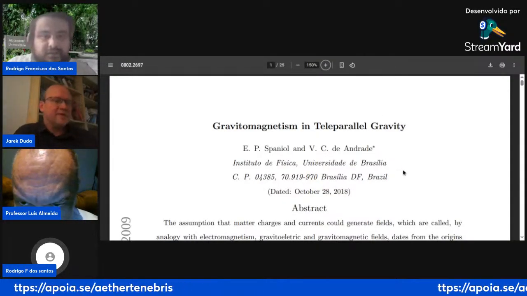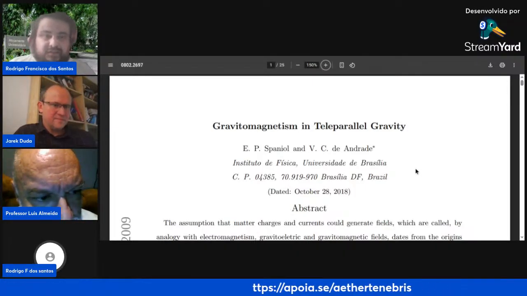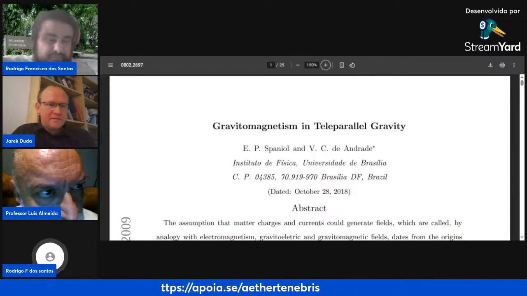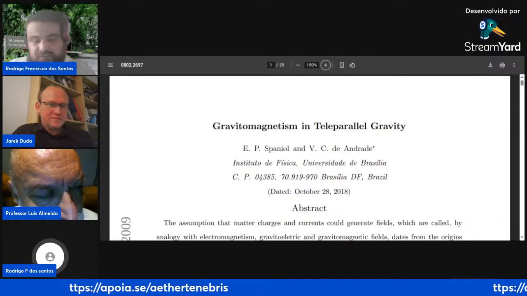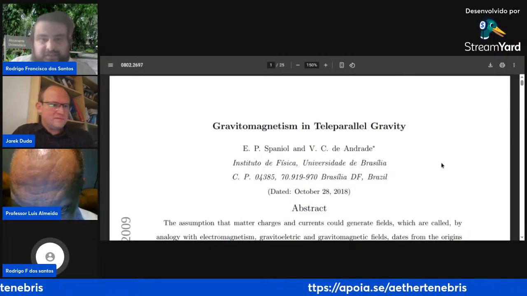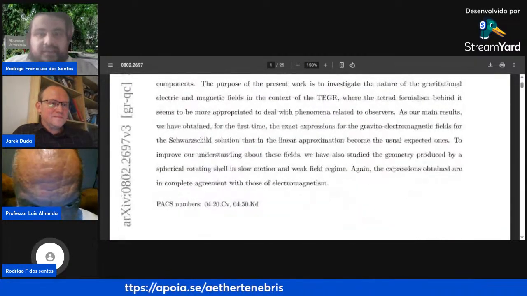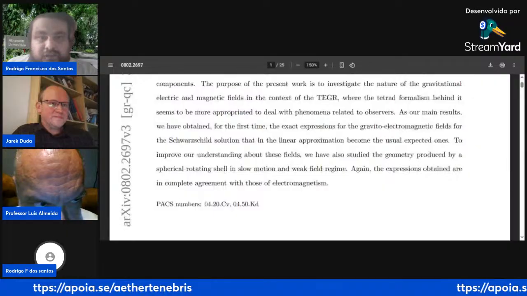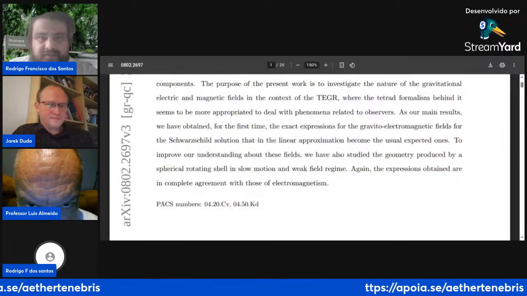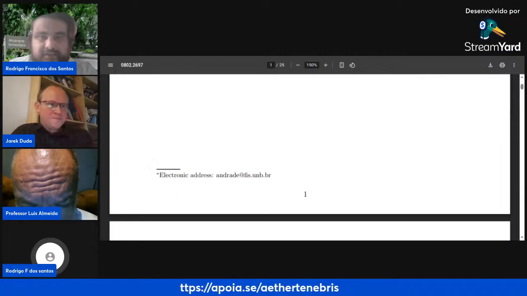This is gravitomagnetism in teleparallel gravity. This work is from 2008, from Brazilian DF. This is the formal treatment of gravitomagnetism in teleparalelism.